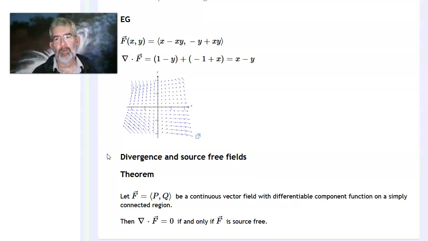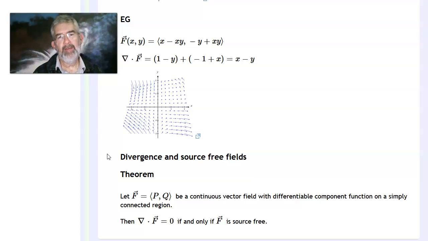This is source free. Okay, and the theorem is that if F is a continuous vector field where P and Q are differentiable on a simply connected region, then the divergence equaling 0 is equivalent to saying F is source free.